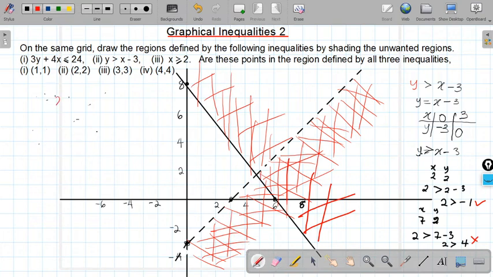If I take x equal to 2, at which point is x equal to 2? I can find out that my x is here, which is equal to 2. I'll draw a straight line here, x equal to 2.